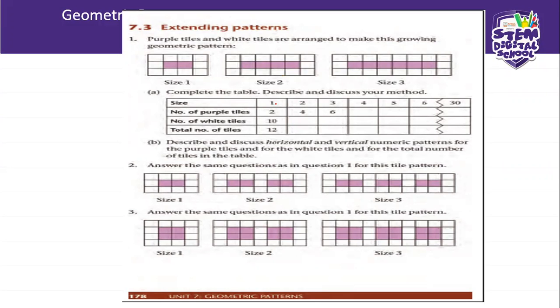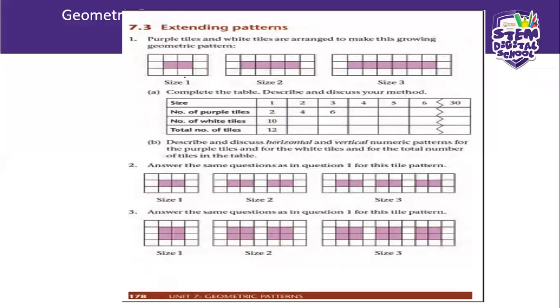They said that for the first size, you've got 2 purple blocks. Excellent. Then we count how many white blocks there are in the first size. 1, 2, 3, 4, 5, 6, 7, 8, 9, 10. So when we have 2 purple blocks, we're supposed to get 10 white blocks and a total of 12 blocks.